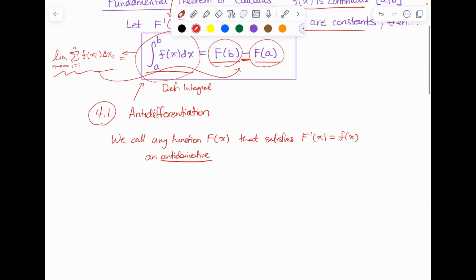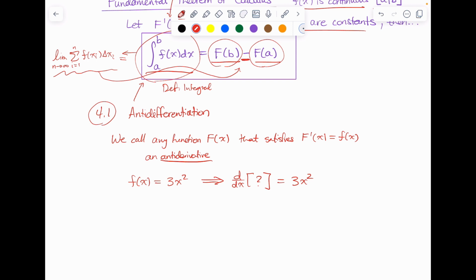So just to give you an example, if f of x equals 3x squared, we can very well naturally ask, okay, the derivative of what thing is going to result in 3x squared?